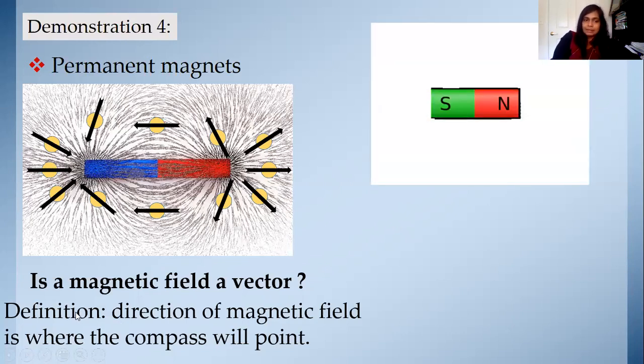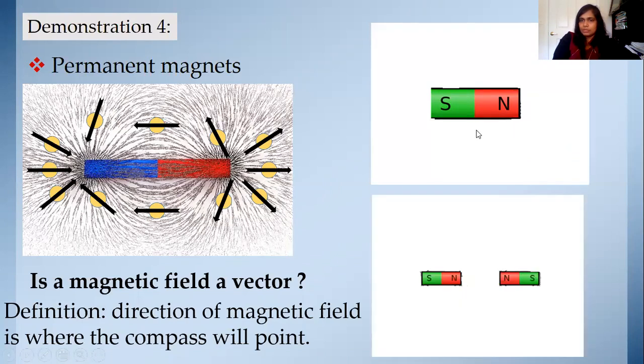So basically, the direction of the magnetic field can be defined as the direction where the compass will point. The compass's north pole is pointing to the magnetic south pole. So wherever the direction of the magnetic field is defined, you can define it as where the compass is pointing. For example, this one is a compass with north and south pole.